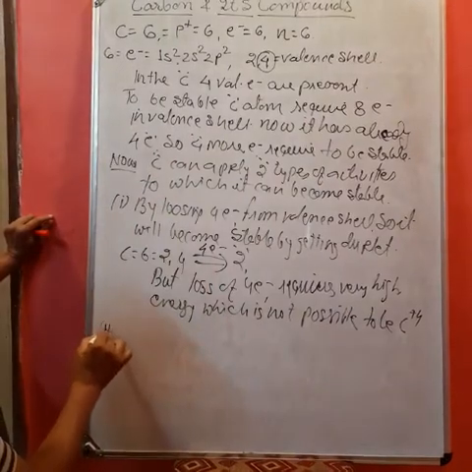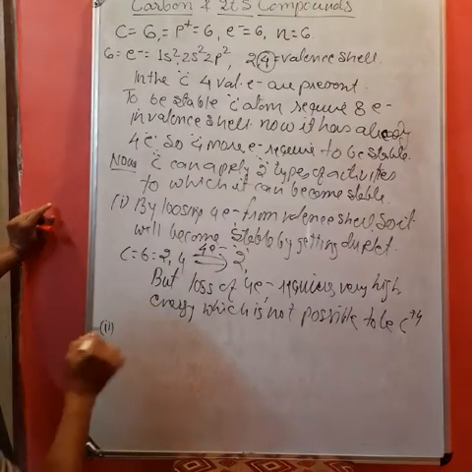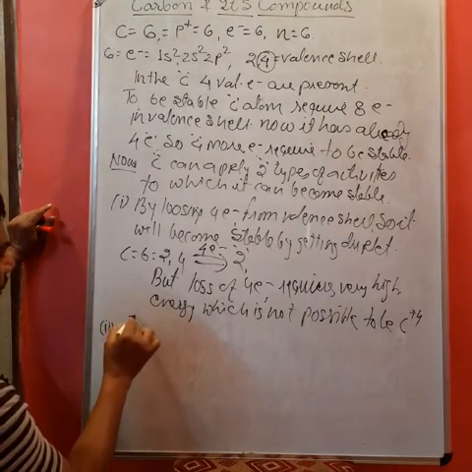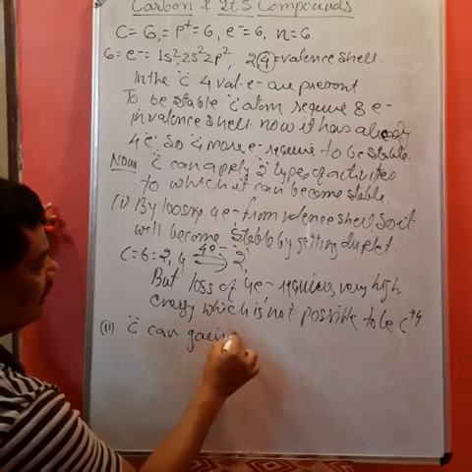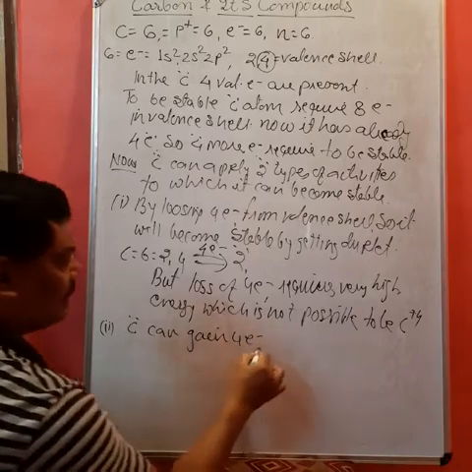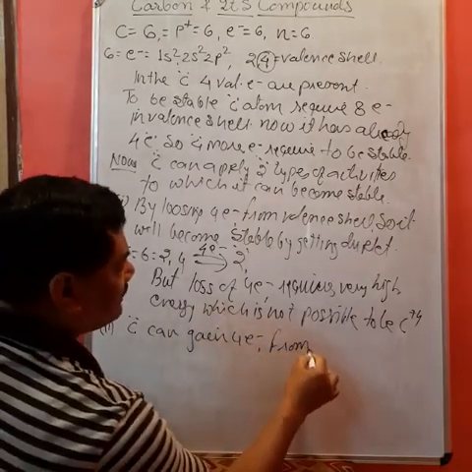It can apply the second activity. Carbon can gain 4 electrons from outer sources.